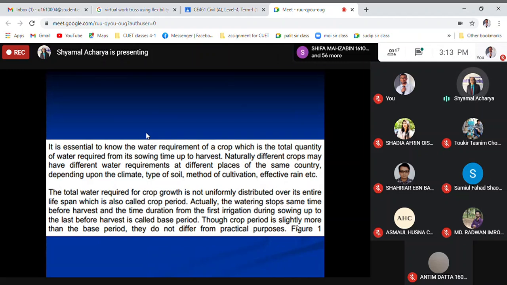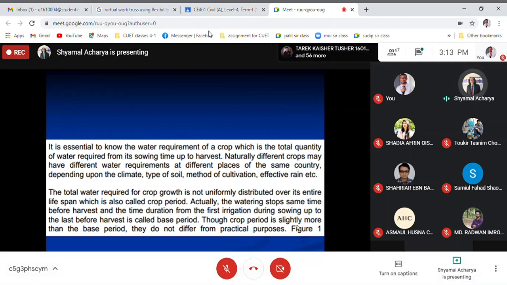The total water required for crop growth is not uniformly distributed over the entire lifespan of a particular type of crop. The entire lifespan is basically called the crop period. But the total water required by the crop is not uniform.